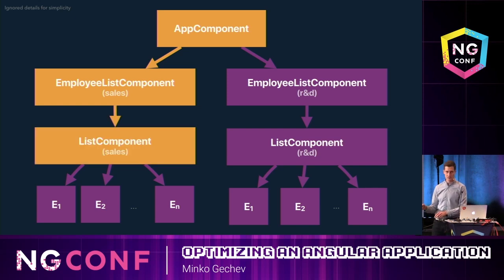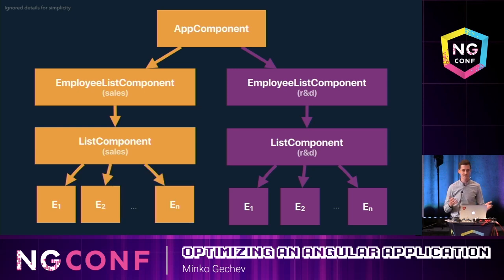We have added a new element, so we have created a new immutable list, which we are passing as an input to the list component. So the list component's change detection gets triggered because it has received a new reference for its input. And this is going to recompute the numeric values for each individual employee in the list, because we're going to just recompute all the calculate calls in the ng-for in the template.